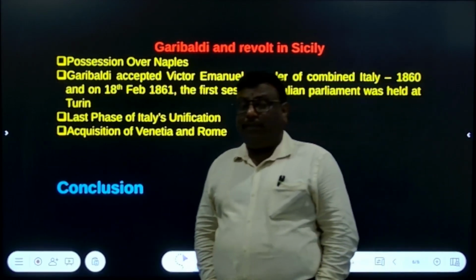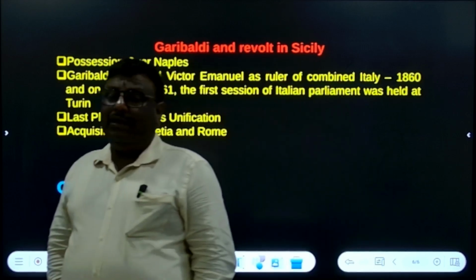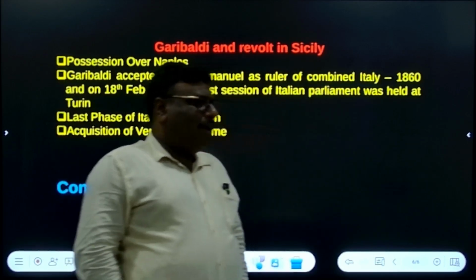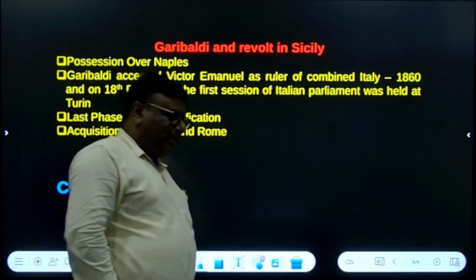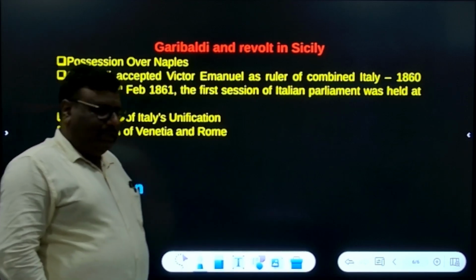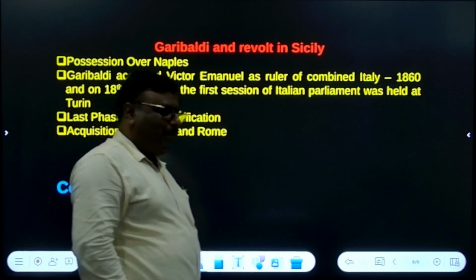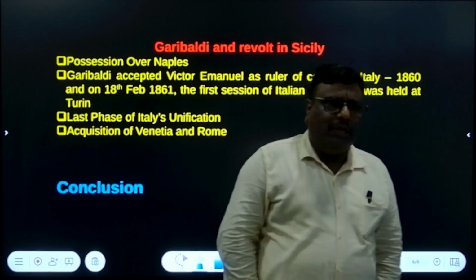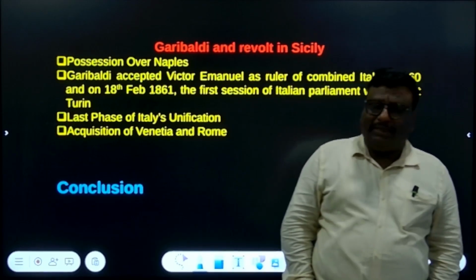Without getting the support of the foreign powers, it was almost impossible. Therefore, he started to search for an opportunity through which he could get the support of international agencies.